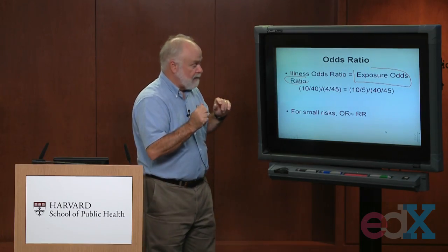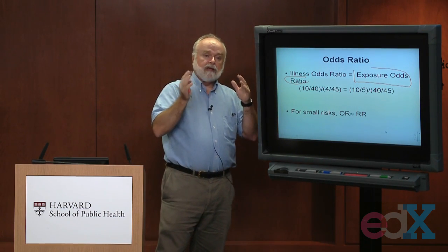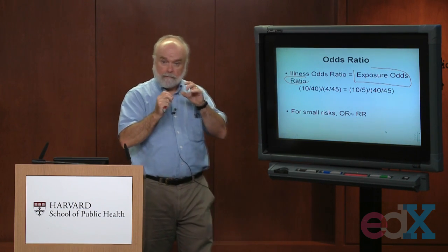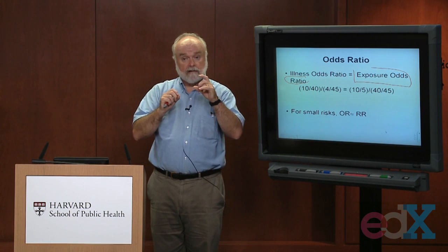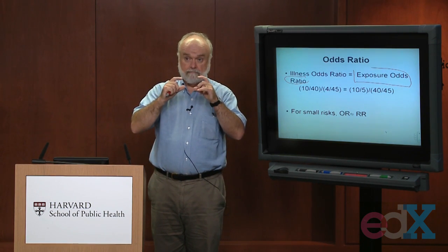The last thing to leave you with, the last thing I want to say about odds, is to bring us back to where we were in the section where I talked about prevalence and proportions. And I made a big point back then that if you have a small risk, say less than 10%, the value for the risk and the value for the odds are going to be very similar.